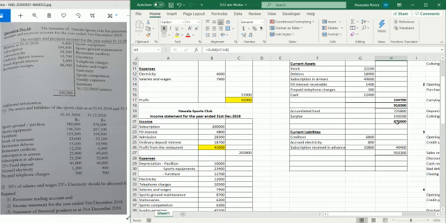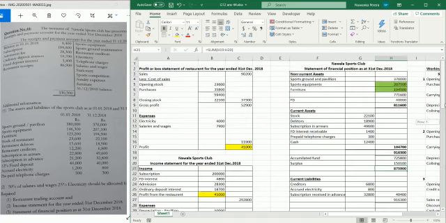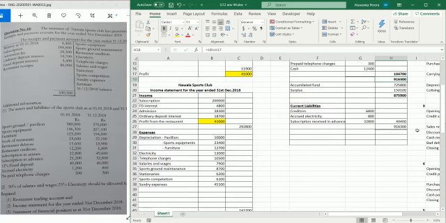This is your closing accumulated fund. Opening accumulated fund plus surplus gives you closing accumulated fund. Then it gives you 916,300. Here also you got the same balance, 916,300. Let's put them in the same color.